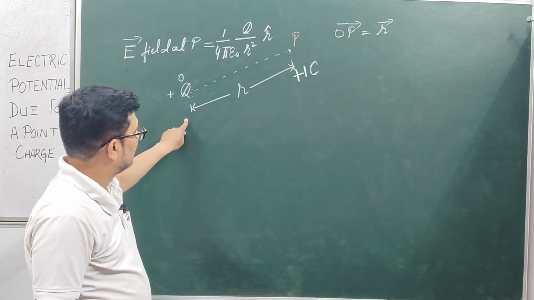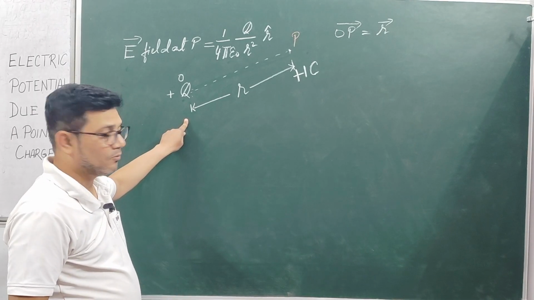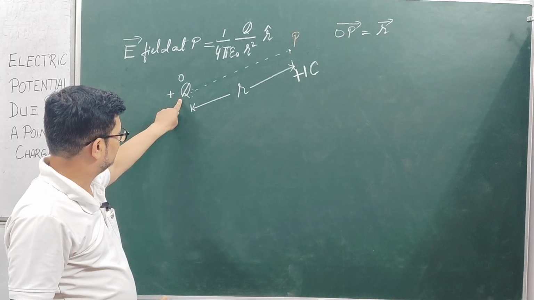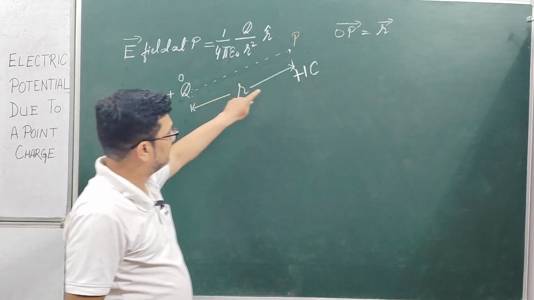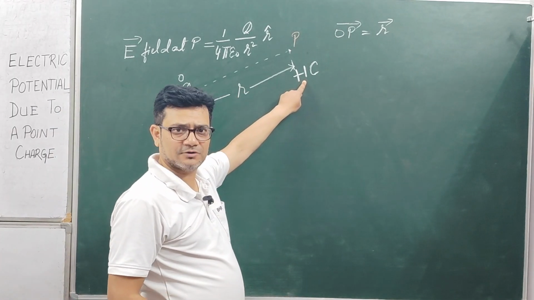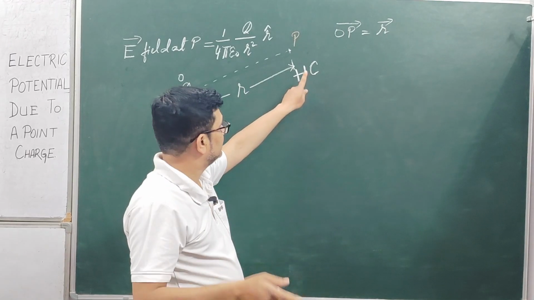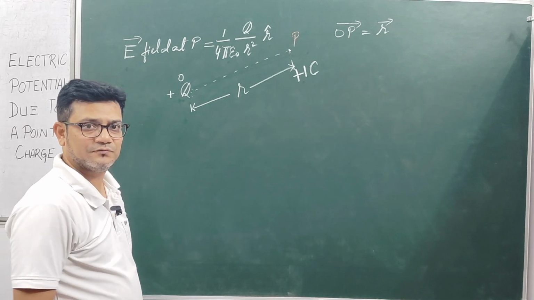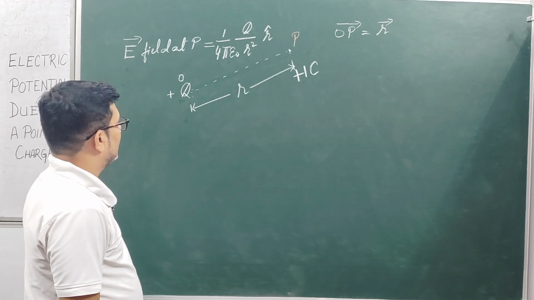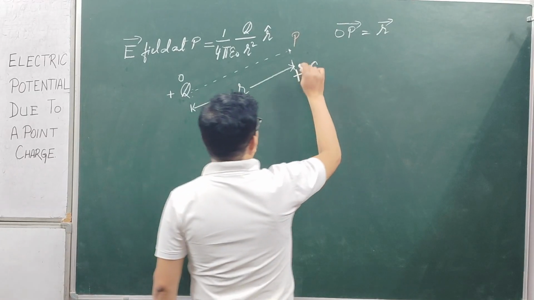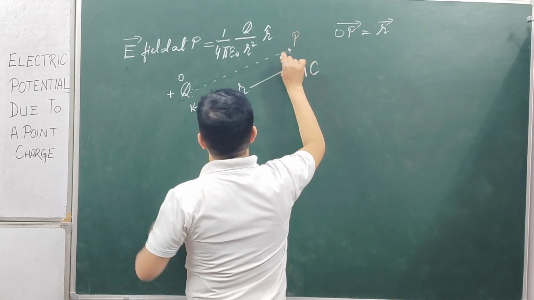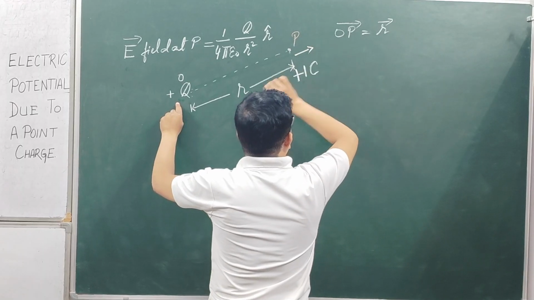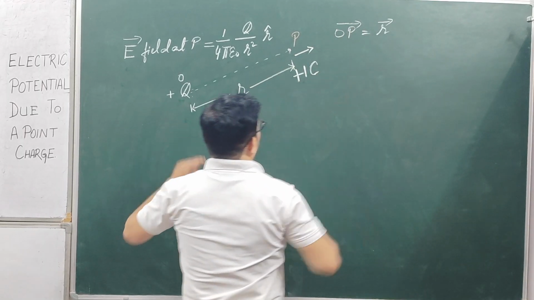So work done by the external force against the electrostatic force in bringing a unit positive charge from infinity to this point. If we are able to determine this, then we are able to figure out what it is. Okay, with this given condition, suppose this electrostatic field is indicated here, it is going radially outward.